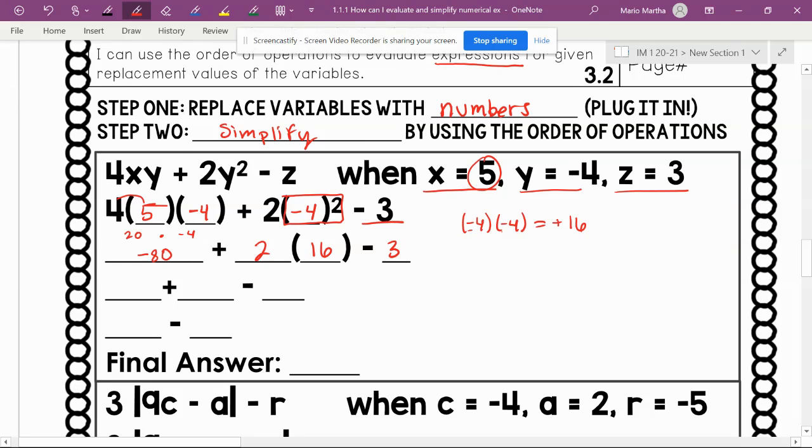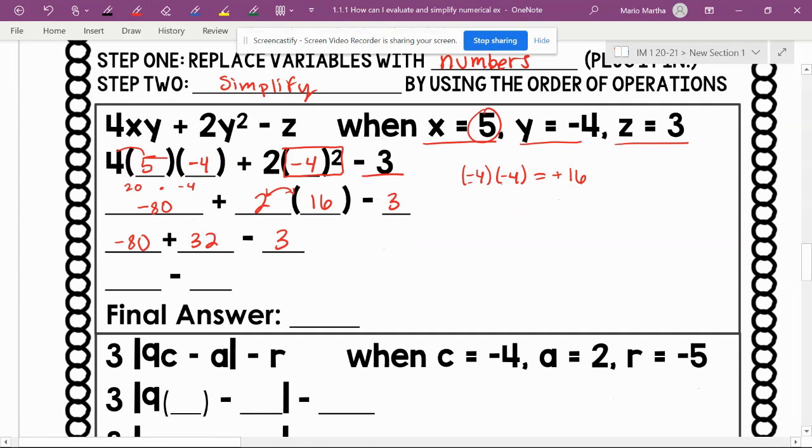Now again, one more time, I want to check to see if I have any parentheses, exponents, multiplication, division, before I can move on to addition or subtraction. And if you guys notice, there's 2 times 16, that's a multiplication, so that's 32, and then everything else stays the same, negative 80, and then minus 3.